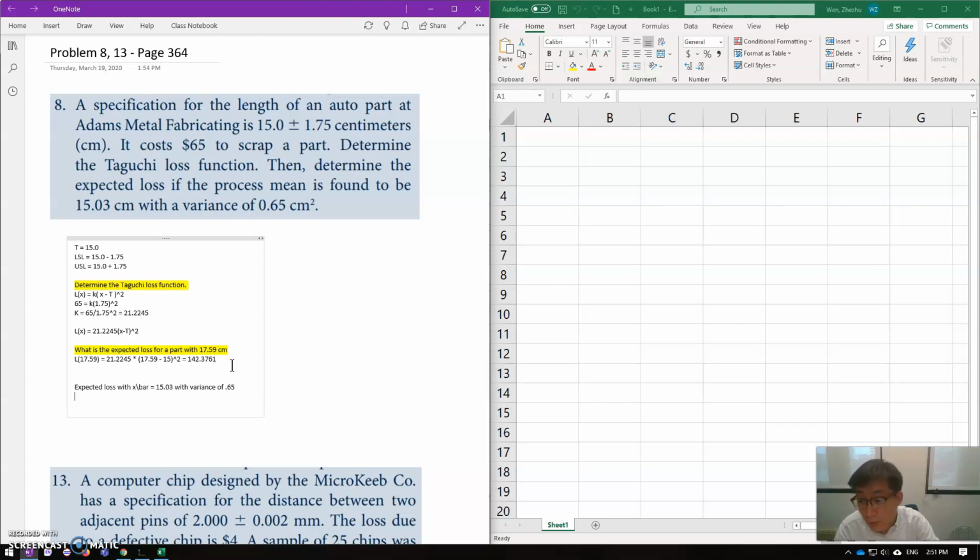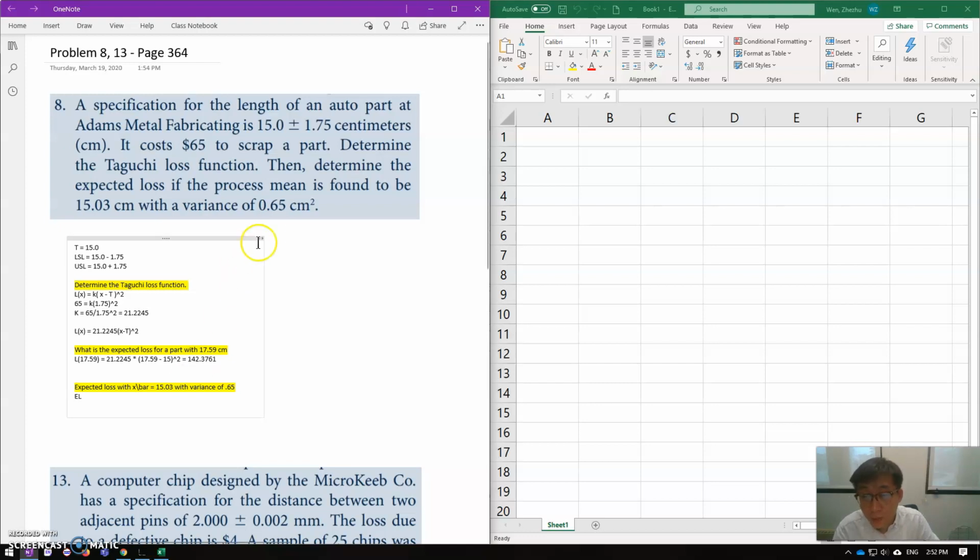$65. Okay, if you remember, there is a different way to utilize the Taguchi loss function, which is relying on the process variance and the average deviation. So in this case, we're no longer evaluating single component loss, but we're evaluating the expected loss of the overall process.